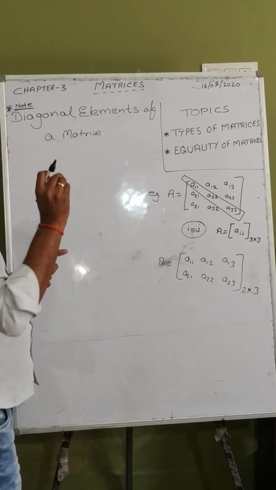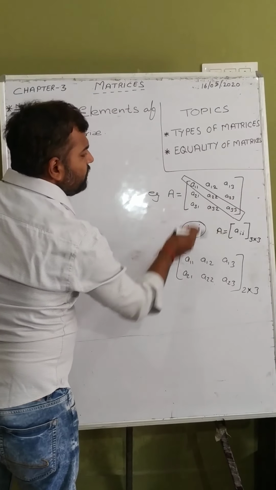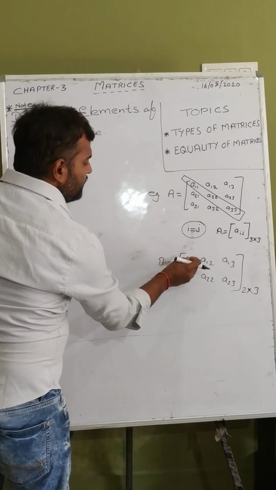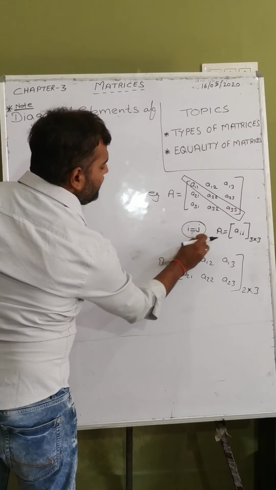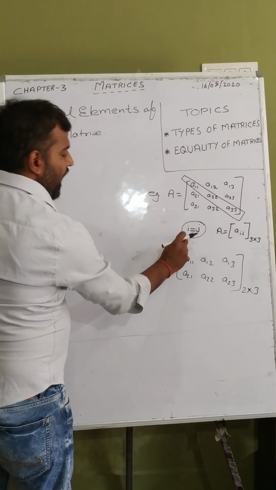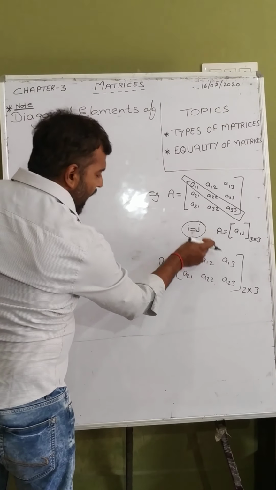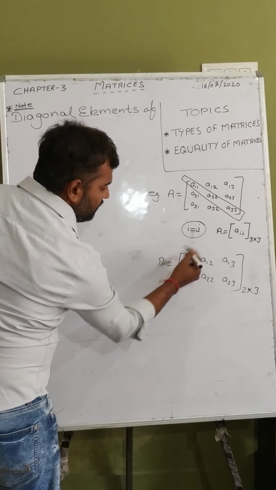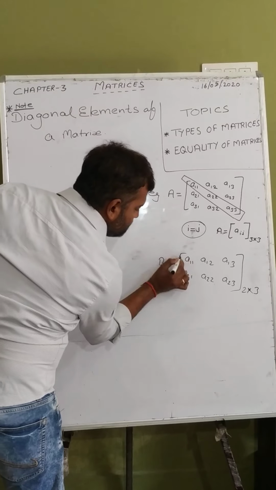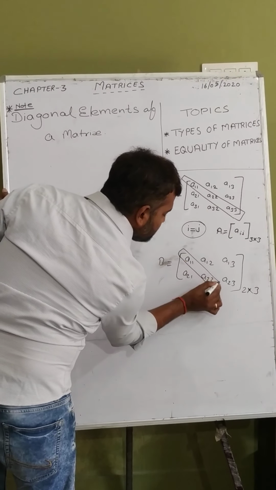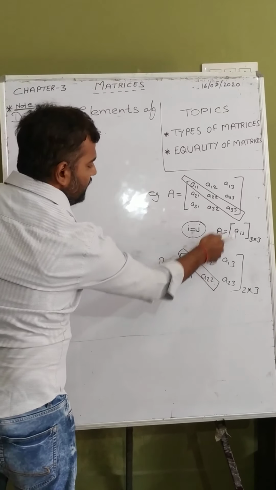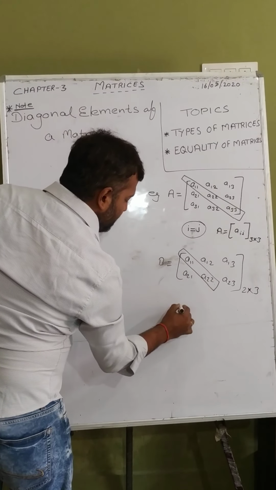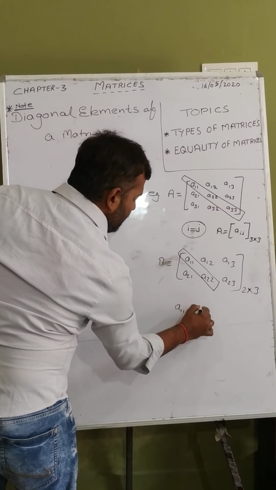Yes, diagonal elements are available in every matrix. The condition is that those elements for which i equals j are said to be the diagonal elements. See where i equals j is there: these 2 elements have i equal to j. So the diagonal elements of this matrix are a11 and a22.